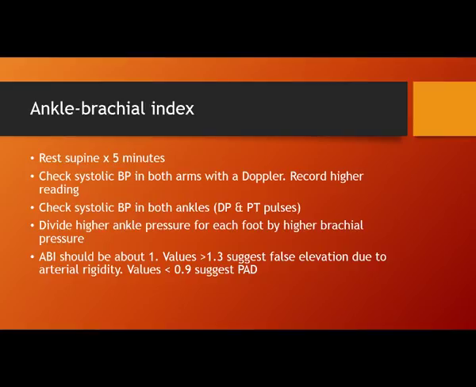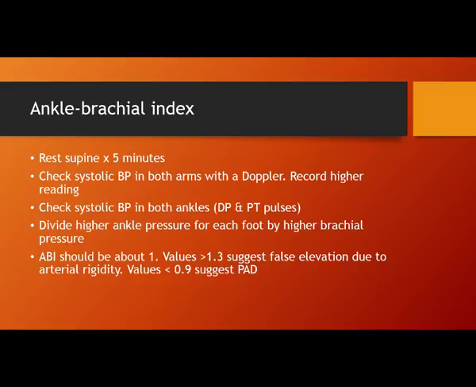What should it be? Well, anywhere from 0.9 to 1.3 would be normal. If it's over 1.3, then that suggests that it's falsely elevated because the arteries in the ankles are abnormally rigid. And if it's less than 0.9, that also is abnormal.